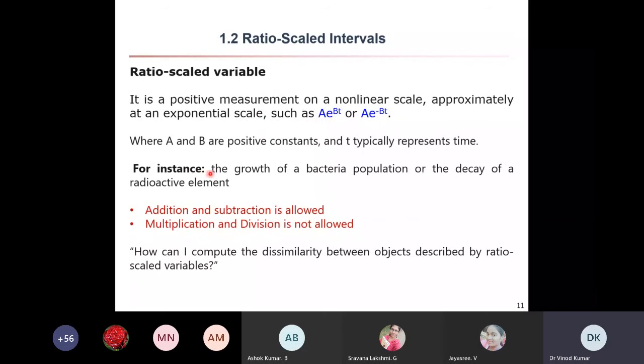For instance, the growth of bacteria populations or the decay of radioactive elements can be represented by this formula using this scale.